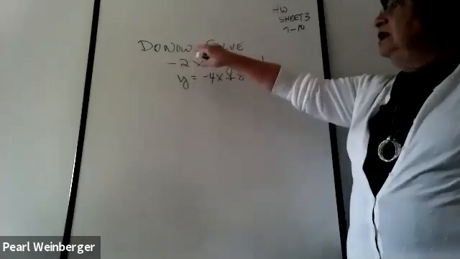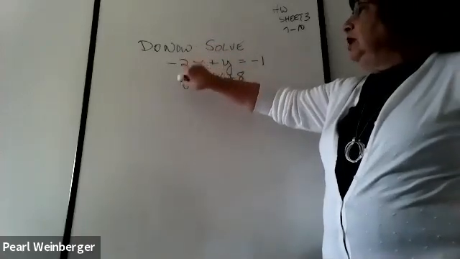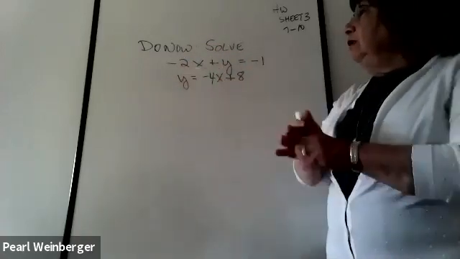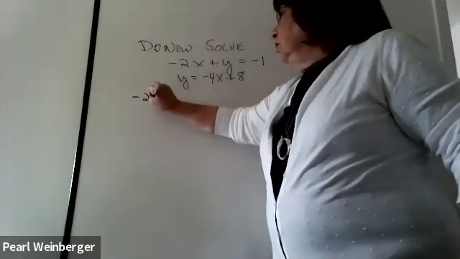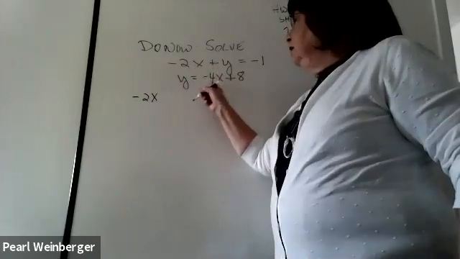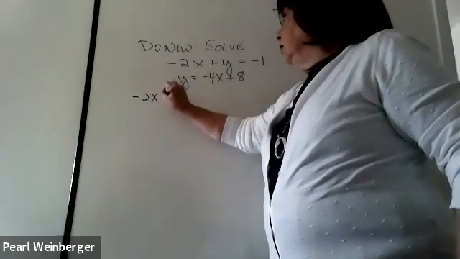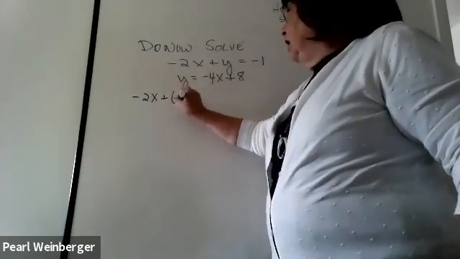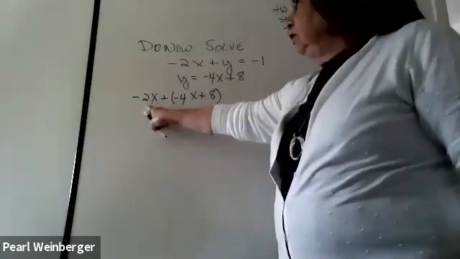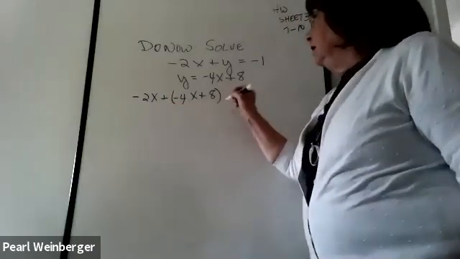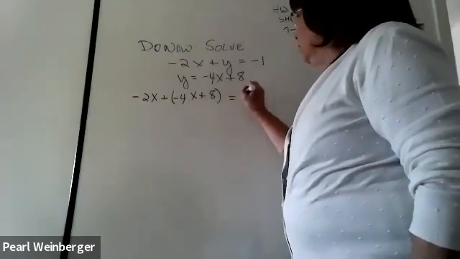But sometimes it's easier to do the substitution because if you take your first equation and wherever you see a y, you replace it with negative 4x plus 8, you get the equation negative 2x plus negative 4x plus 8 equals negative 1.